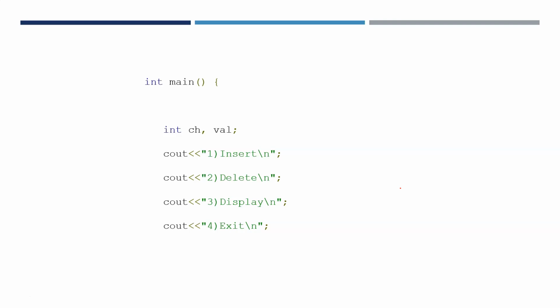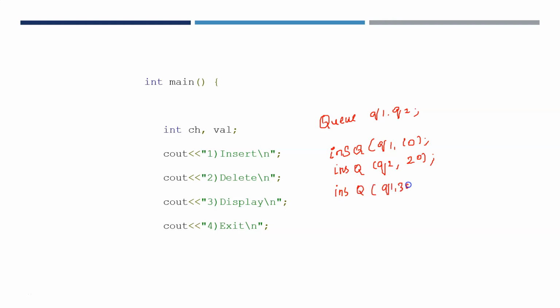Okay. And in the main method, you could say Q1 and Q2, and insert Q1. So for insert Q, I have named it ins Q, then Q1 20, Q2 20.